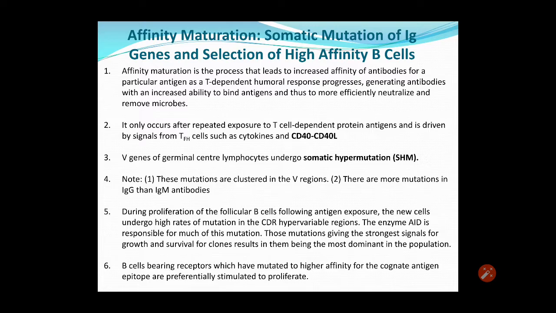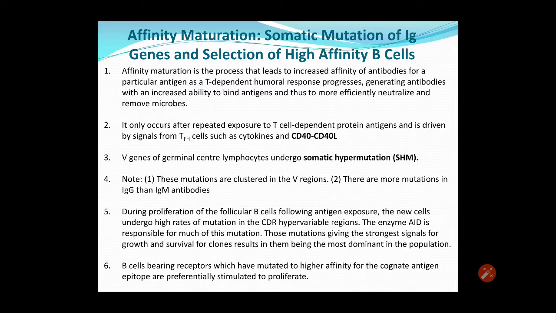And by introducing additional mutations, it changes the epitope binding specificity of those antibodies to increase the affinity of the antibodies for the epitopes.